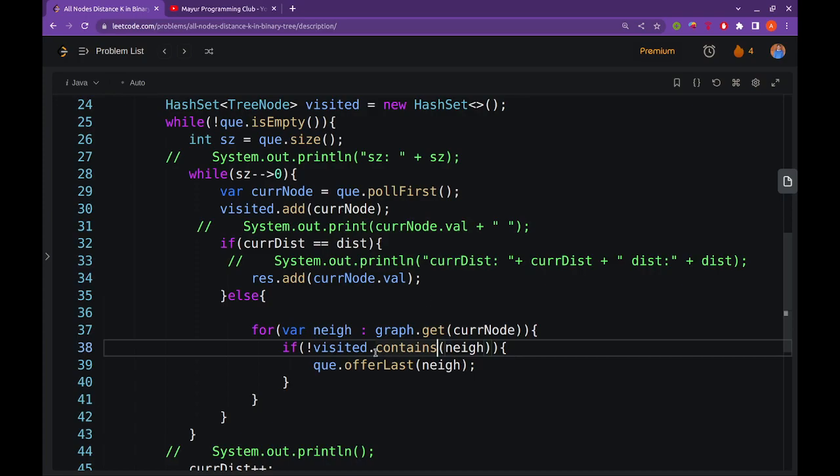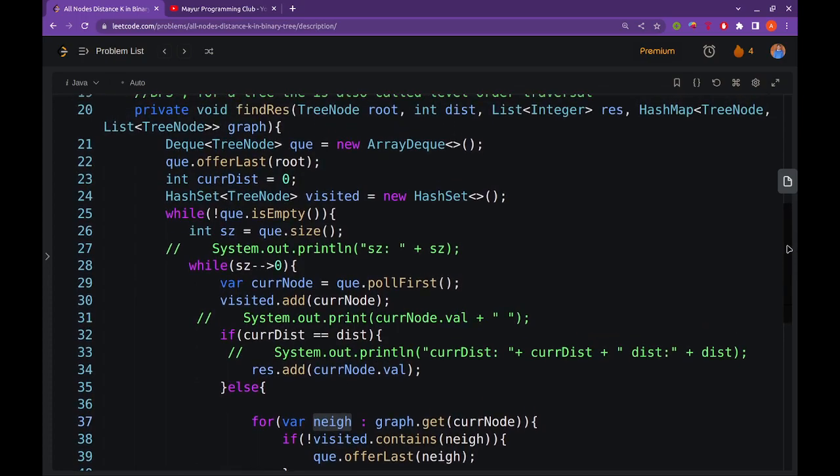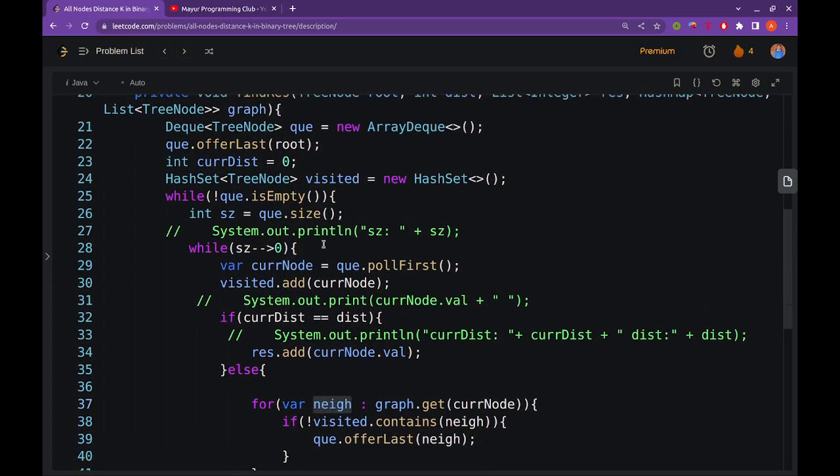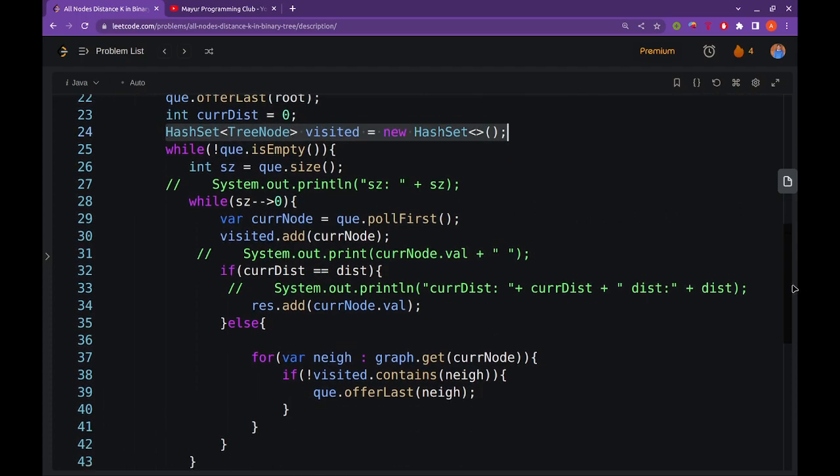So while checking neighbors of 3, you will also be getting 5. So what we are doing is, when we are taking any node out of the queue, we are putting it in a visited hash set, and then we avoid it here.